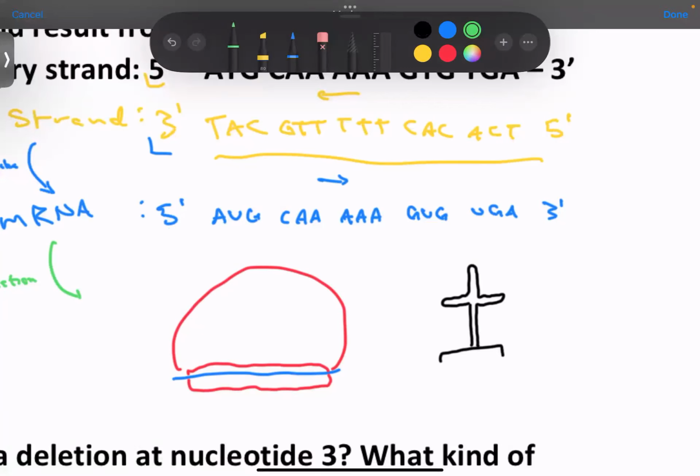What's really important about these tRNAs is that they have something attached. They have these little special chemicals called, that's right, our amino acids. So tRNAs have specific amino acids attached to them. And a tRNA has a specific anticodon sequence that relates to a specific amino acid.